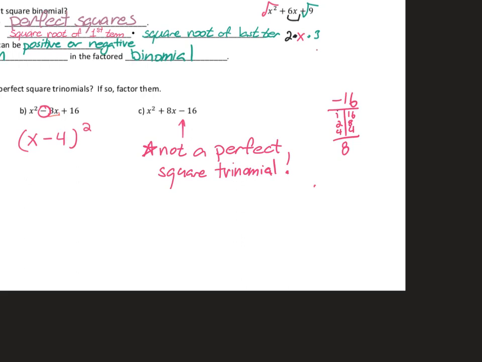One of them would have to be negative in order to multiply to negative 16. It looks like none of them, if I made any of them negative, would add to 8, right? If I made negative 4, we'd end up adding to 0. Here we'd have a 6. And here, yeah. So this one happens to also not be factorable.